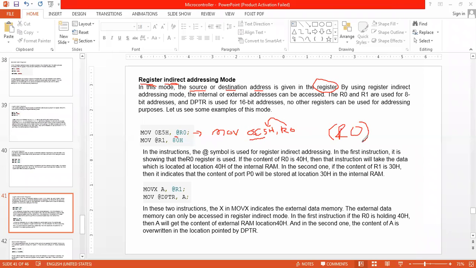That data is now considered as an address. In the direct case, the data is going to be copied into E5H, correct? R0 has one data. Suppose R0 has 25H.